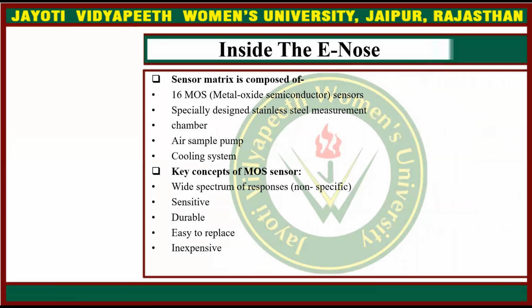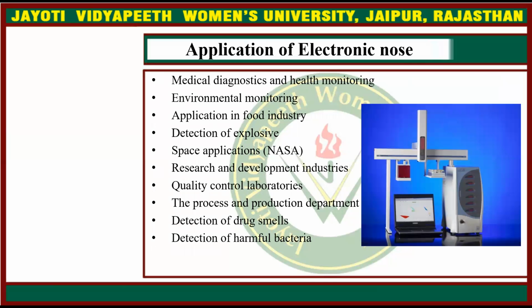Inside the eNose, there is a sensor matrix composed of 16 metal oxide semiconductor sensors, a specially designed stainless steel measurement chamber, air sample pump, and cooling system. The key components, the metal oxide semiconductors, have a wide spectrum of responses. They are non-specific in nature, sensitive, durable, easy to replace, and inexpensive.